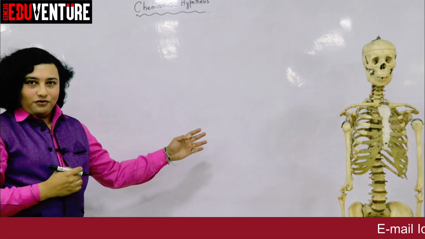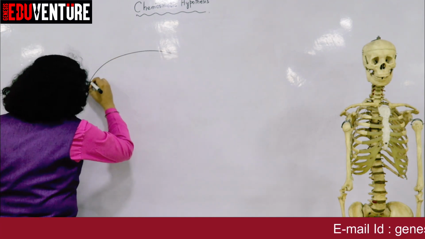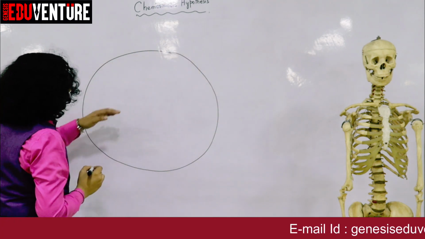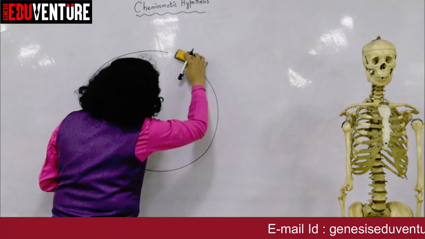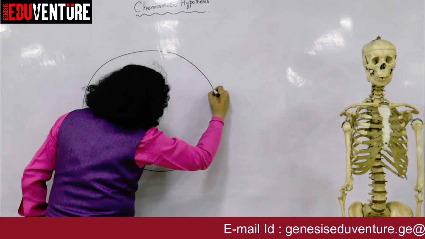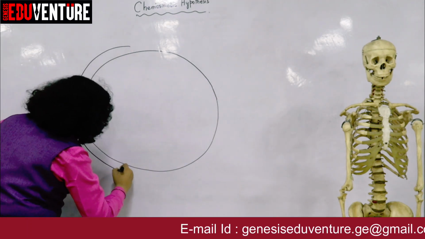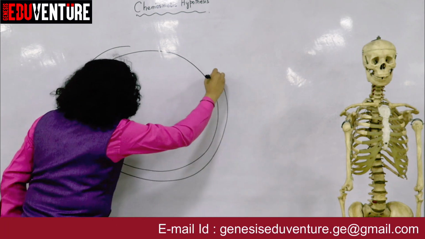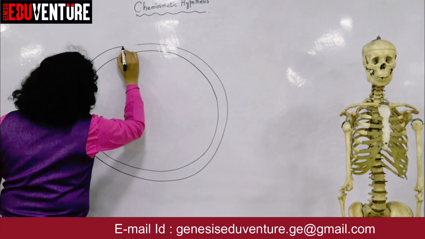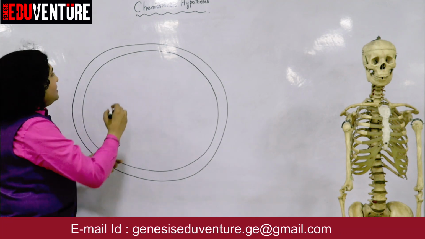So I am going to draw a single thylakoid, and we know that from the modern or current view, all the pigment systems are present on the membrane of the thylakoid. See, this is the outer membrane of the thylakoid, and this is the inner membrane of the thylakoid.